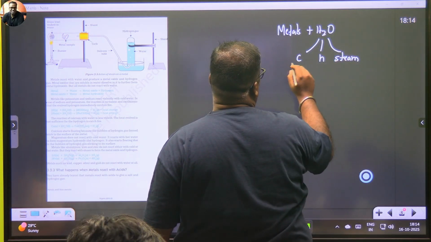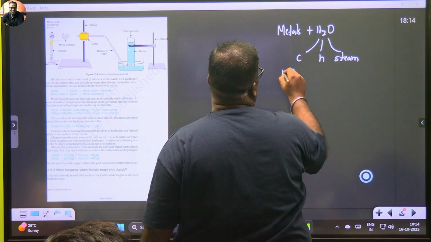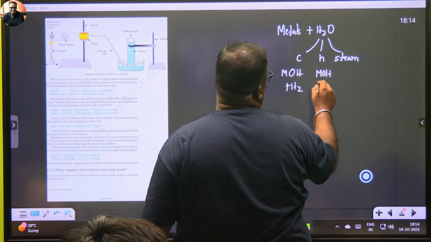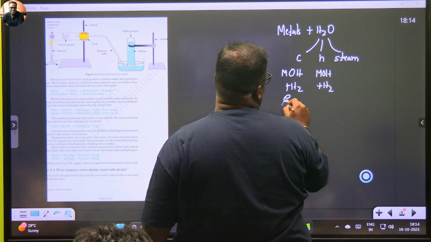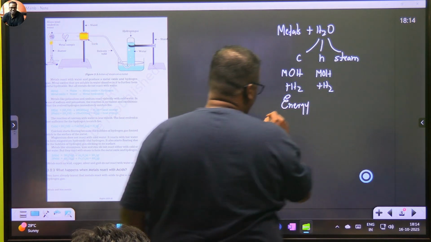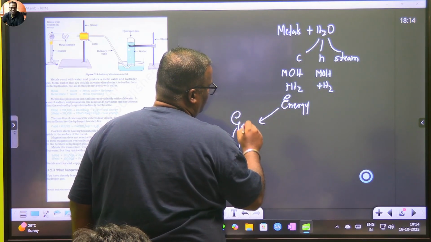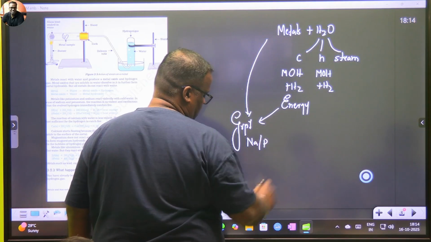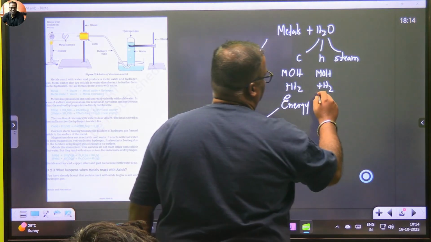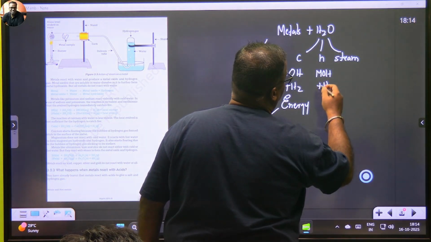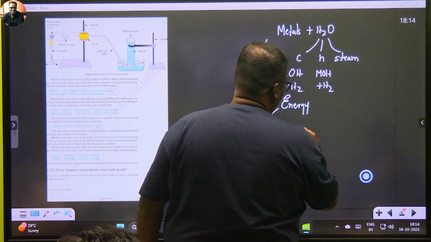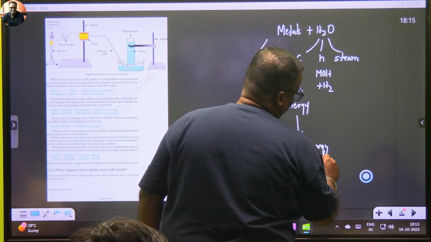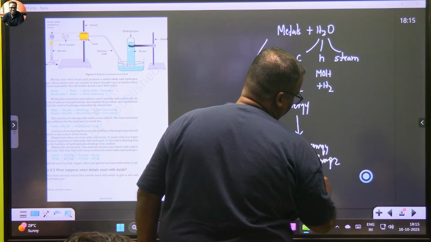If you react with cold, you will form MOH, you will release hydrogen, you will release energy if group 1 metals are reacting, means sodium and potassium. Agreed? Then metal hydroxide, this is hot water, and no energy for group 2, that is calcium.